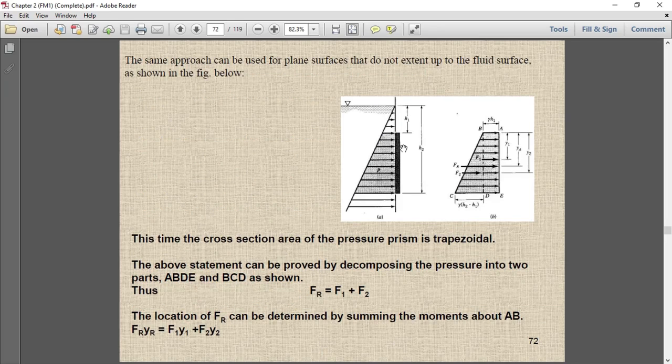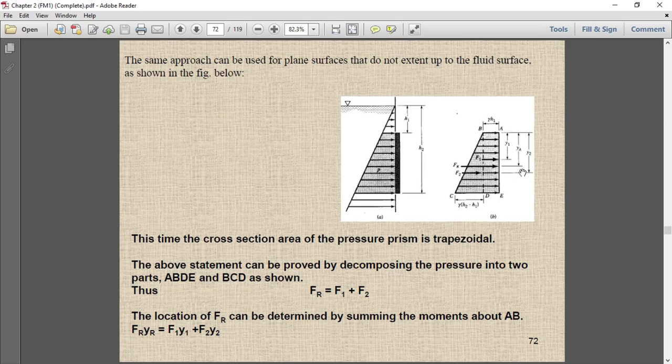So here you can see this is the way we can calculate. F2 is acting at 1 by 3 of the height of the object from the bottom. So if you know F1 and F2, this way you can calculate the net resultant force Fr acting on the vertical object.